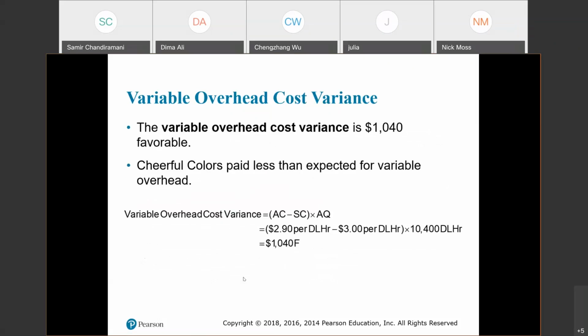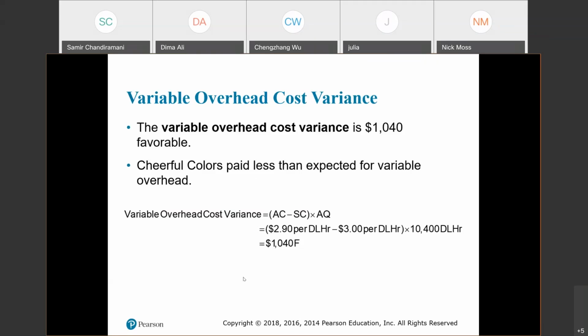Similarly, we use the same formula to do this analysis. First of all, we calculate the variable overhead cost variance, which means the difference between the actual variable overhead and the standard variable overhead for the actual allocation incurred.